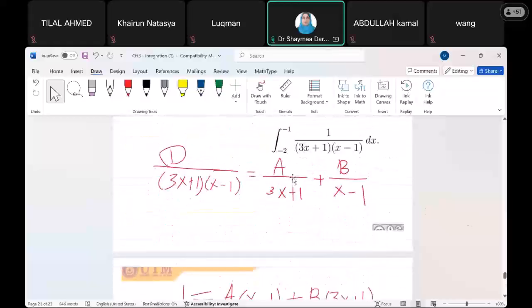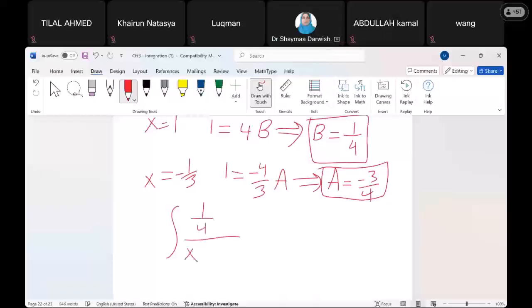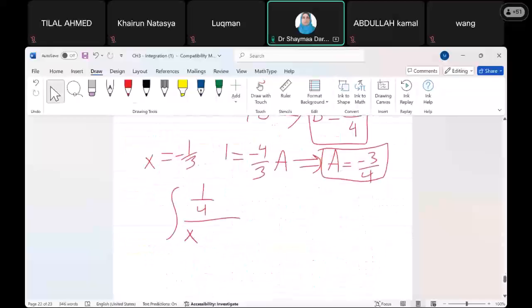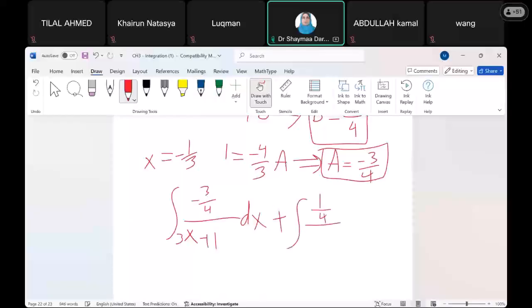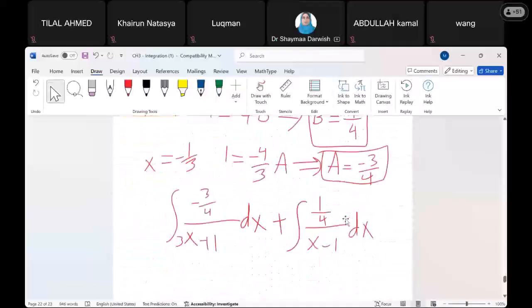Now you need to substitute and integrate. So the substitution: A is over 3x plus 1, so minus 3 over 4 over 3x plus 1 dx, plus B, the integral of 1 over 4 over x minus 1 dx.